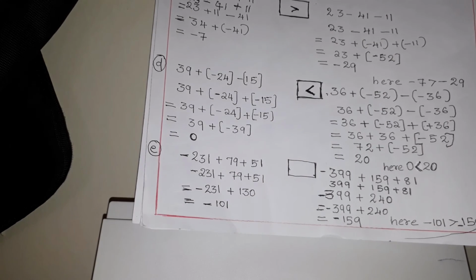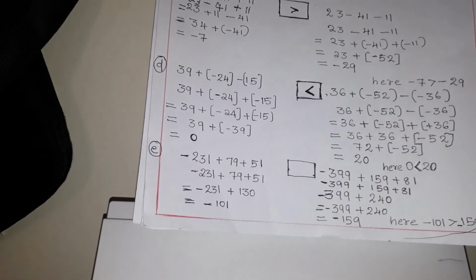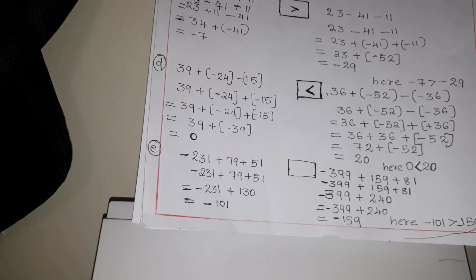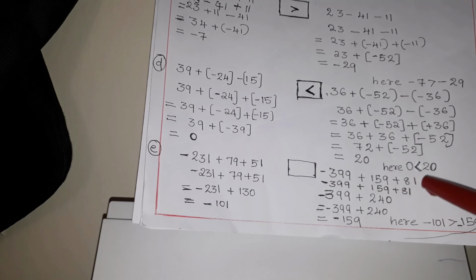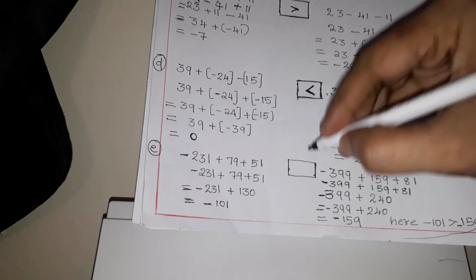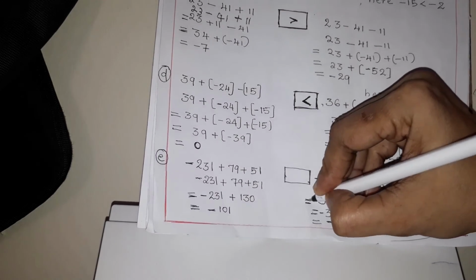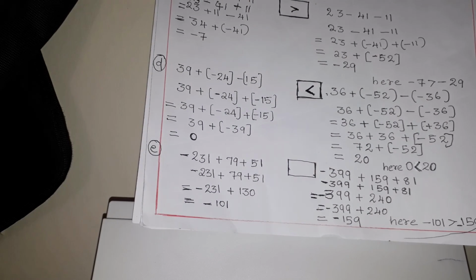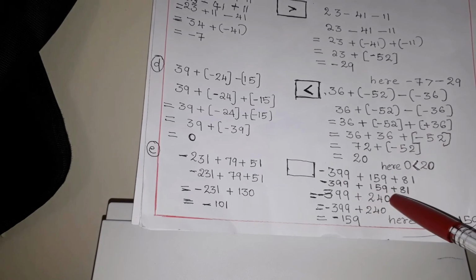Okay. Next we are going to check this side. Minus 399 plus 159 plus 81. Which is equal to minus 399, you should add 159 plus 81. So you get 240.